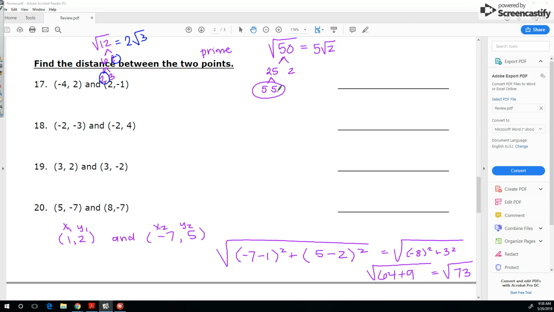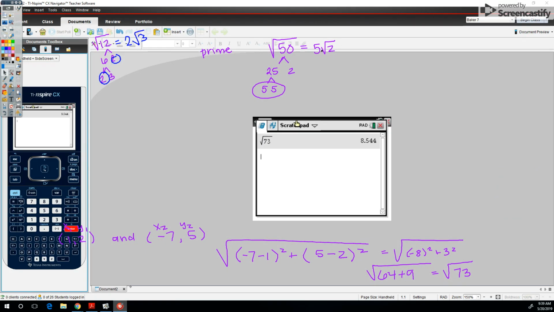Just wanted you to see it wasn't always a 2 leftover. Sometimes you have the group of 2, which comes out, and then your 3. And obviously, you could put that into the calculator as well. Square root of 12 and 2 square root of 3 are the same exact thing when we have our decimal approximation.